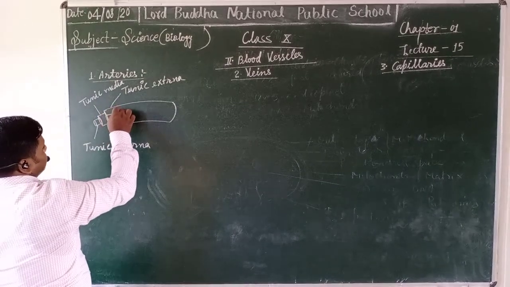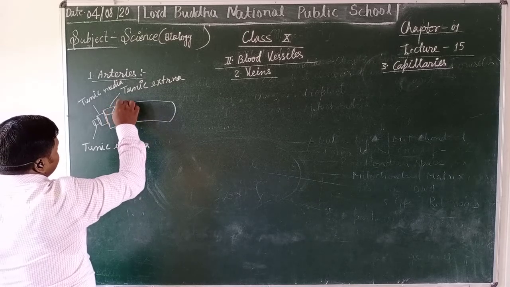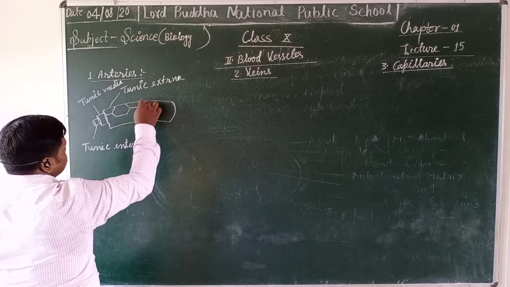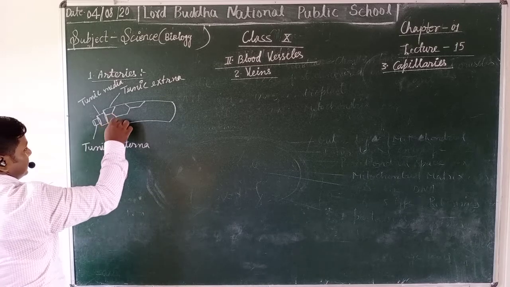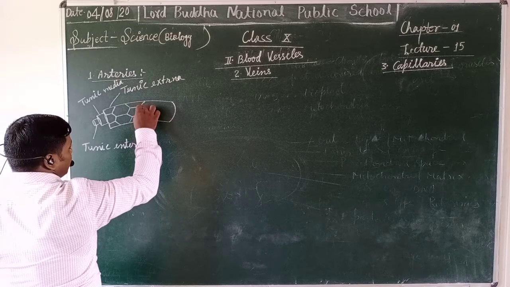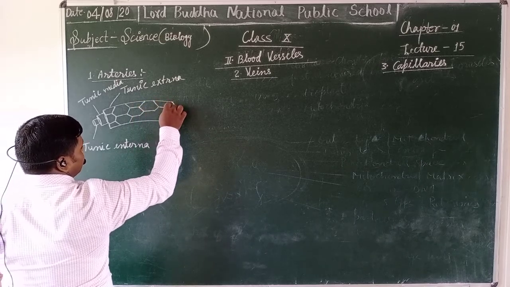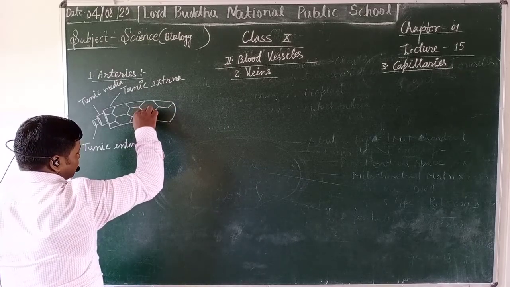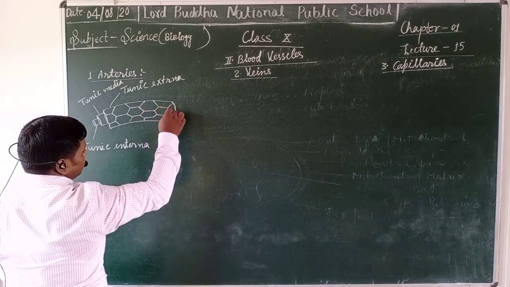The inner layer of the arteries consists of epithelial cells. These are simple squamous epithelial cells, which are somewhat flattened, plate-like structures with a hexagonal form, just as shown in the diagram.